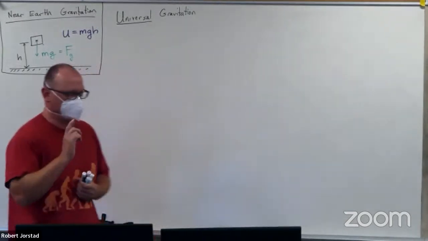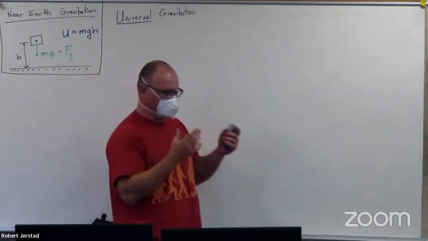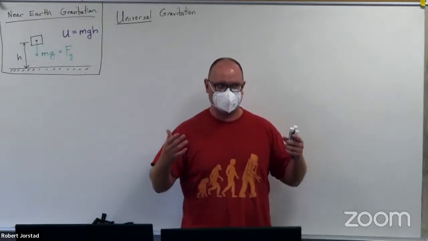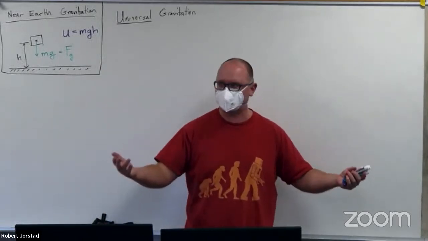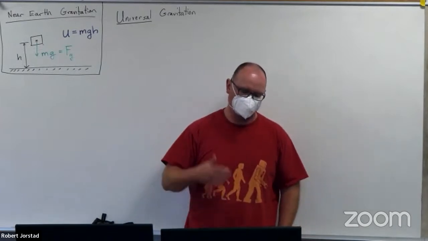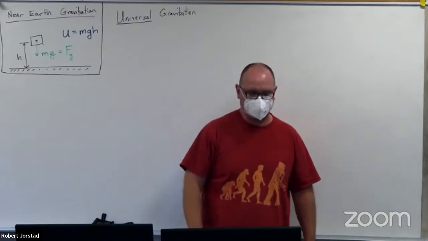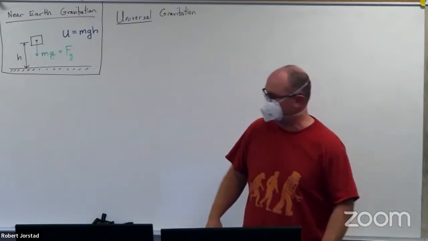It turns out it's very, very weak unless at least one of the objects is enormous, like the planet Earth. And so that's why we actually notice the gravitational force from the Earth on us, but not from each other, right? You don't suddenly start drifting towards your friends due to gravity. All right.